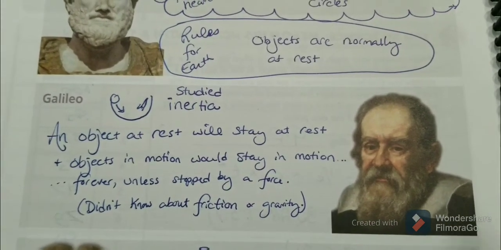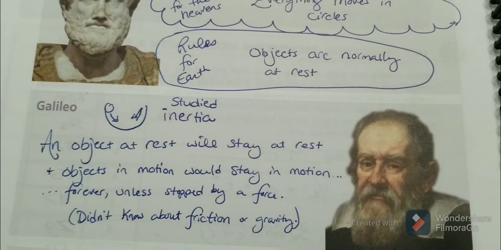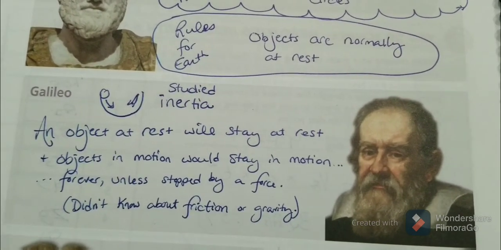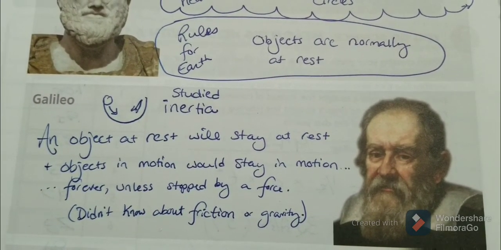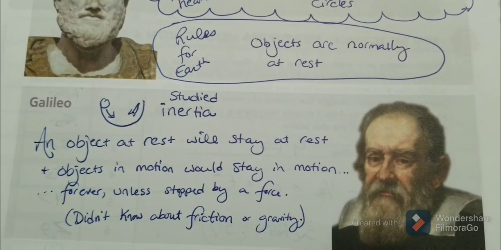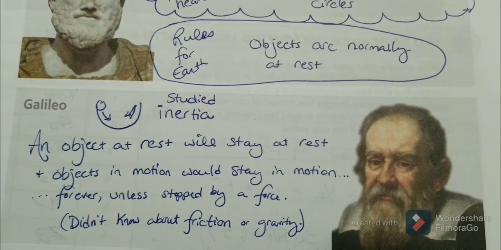Let's see here, an object at rest. Oh, I feel a song coming on. This is another one of those, but actually Newton was the one who kind of finished this law. So an object at rest tends to stay at rest, right?